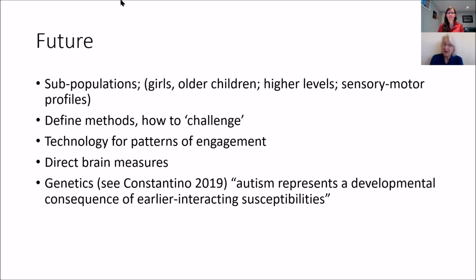And then another thing coming in the future is genetics. And I've referenced here a recent article that talks about autism being a developmental consequence of different genetic susceptibilities. And that if we can intervene with some of those susceptibilities, the child may not advance to the autism symptomatology, which really goes along with our DIR approach.